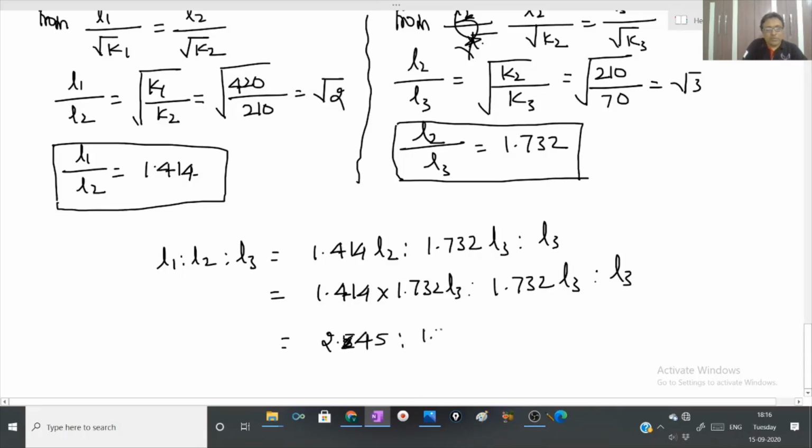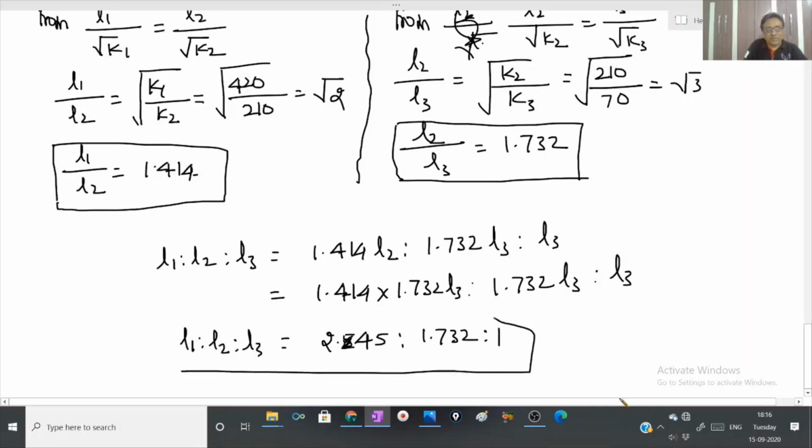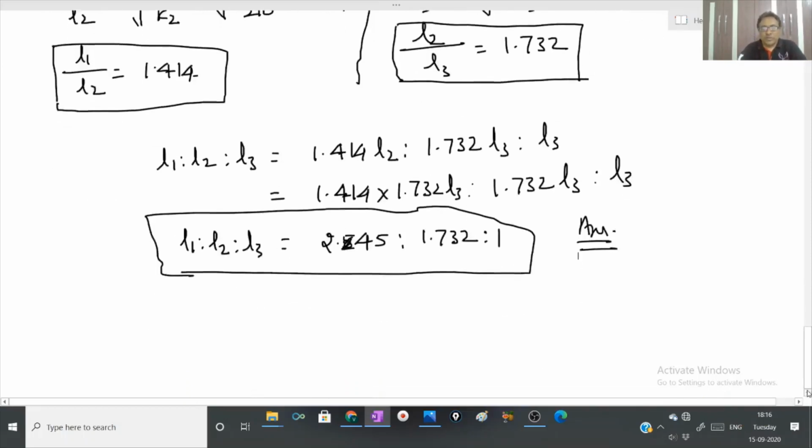So the ratio L1 to L2 to L3 is 2.45 to 1.732 to 1. So this is the answer. This way you can solve this problem.